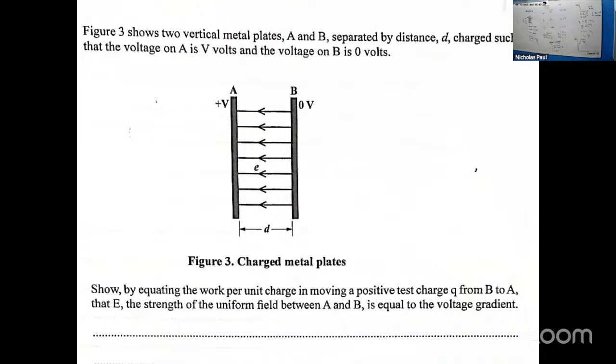So they told you what to equate, right? They said by equating work per unit charge is equal to voltage gradient.